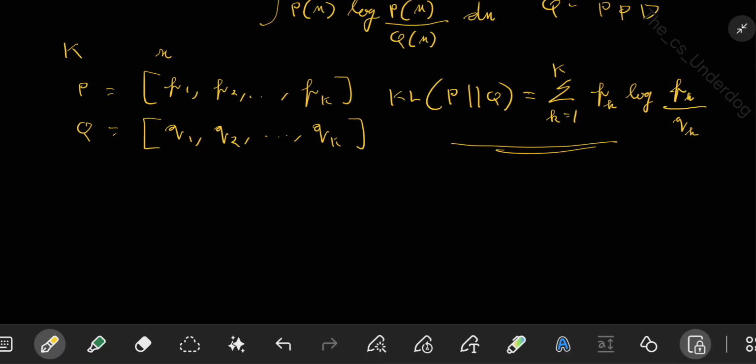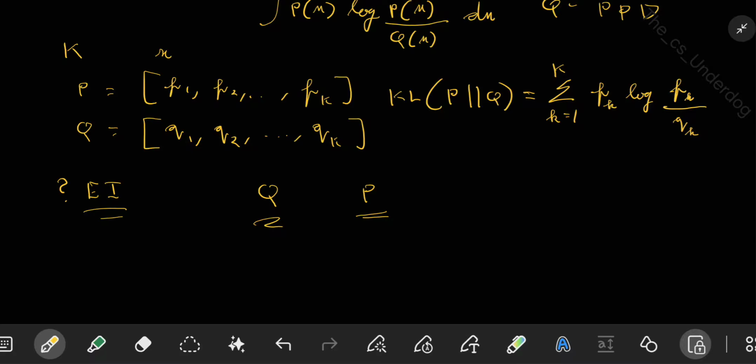What you want to do is measure how much extra information, as we discussed initially, or how much inefficiency is incurred if we use one model Q in place of another model P. Or you can say, if you use this model Q to represent data that is actually following P, how much inefficiency is there or how much extra information is required. This is what you are actually calculating using KL divergence.